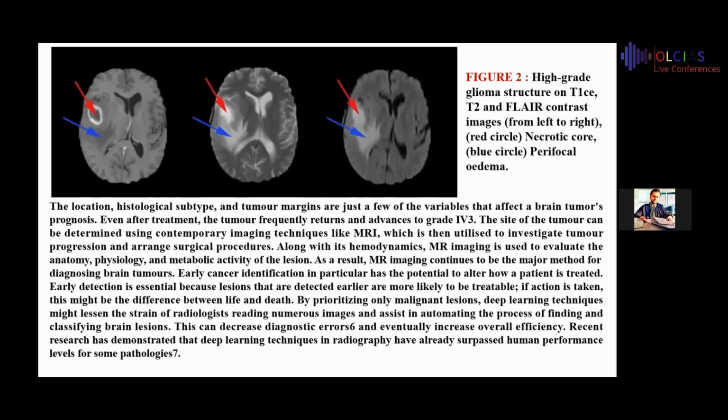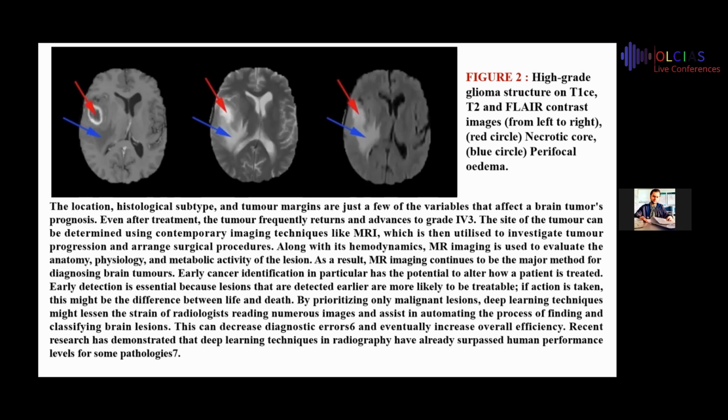Early cancer identification in particular has the potential to alter how a patient is treated. Early detection is essential because lesions that are detected earlier are more likely to be treatable if action is taken. So this might be the difference between life and death.